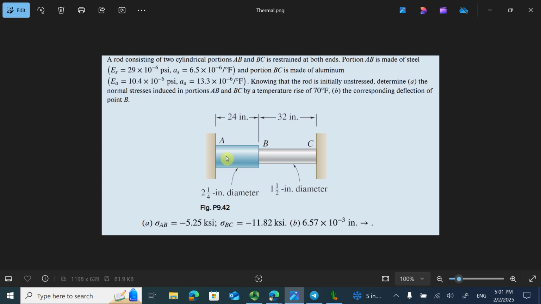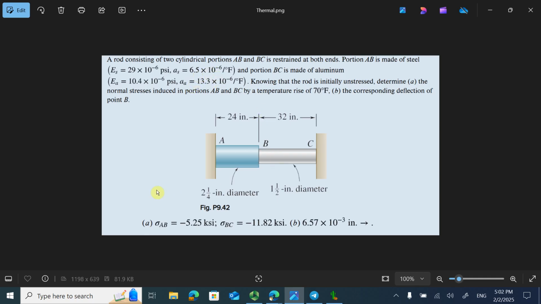The left segment is made of steel with modulus of elasticity of 29 million psi. The right side is made of aluminum with modulus of elasticity of 10.4 times 10 to the 6 psi, and thermal expansion coefficients are listed here.